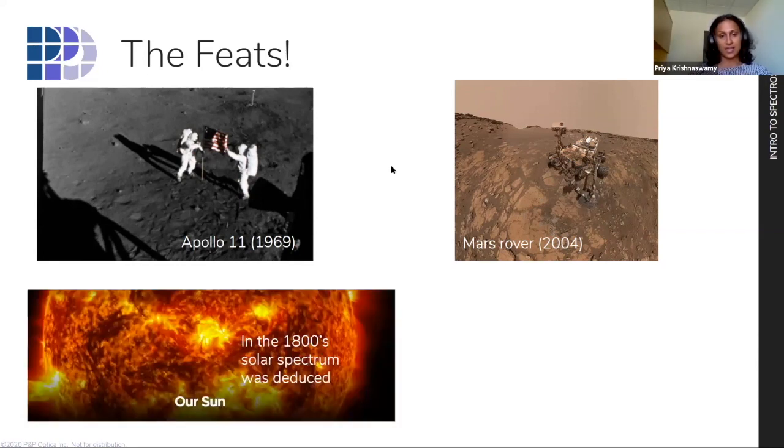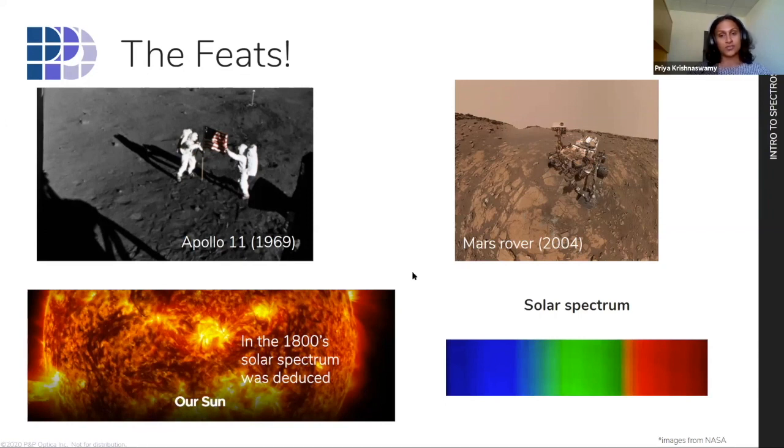And yet in the 1800s, we were able to figure out what the solar spectrum was made of and what its atmosphere consisted of. Today, we are looking up into space, trying to find planets outside of our solar system, and whether they have water in them. So how is that possible when something is so far off, and yet we have information powerful enough to deduce its chemistry?